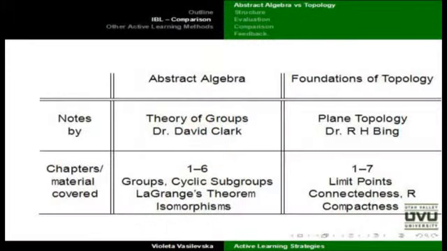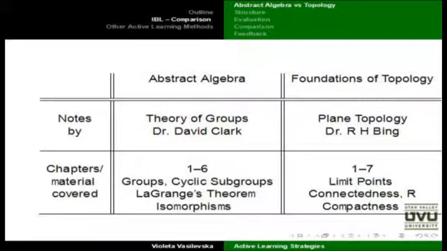For abstract algebra, I use The Theory of Groups by David Clark, and for foundations of topology, I use Plane Topology by Bing. In both classes, I covered around the same size of material, 6-7 chapters from each of them, and we succeeded in covering most of the material needed for these courses.